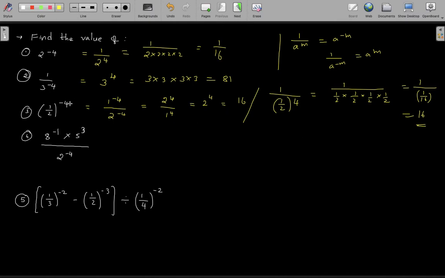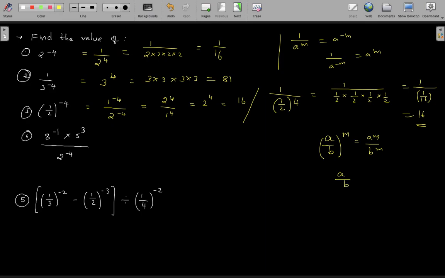But here what I'm trying to tell you by doing this is, when you are writing 1 by 2 or a fraction raised to the power negative exponent, say a by b whole raised to the power m, is same as a power m by b power m, isn't it?